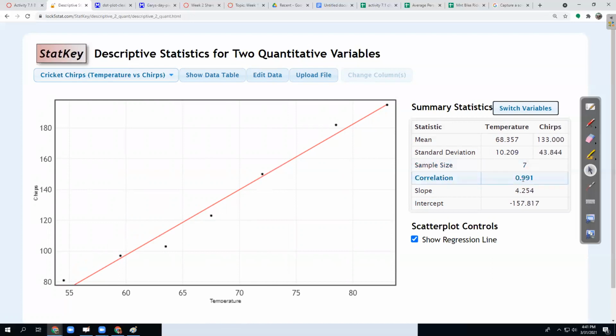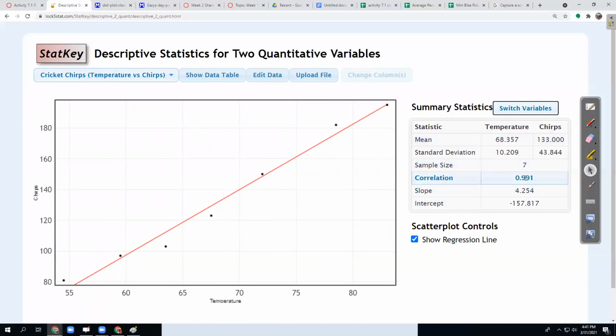The correlation just means there's a mathematical pattern going on, but that mathematical pattern could be meaningless. And I'll give you an example of some meaningless data in just a second. But in this case, there seems to be a scientific reason, right? When it's cold out, we kind of slow down a little bit, and when it's warm out, we speed up a little bit. So the crickets chirp faster at higher temperatures is what this is showing us here.